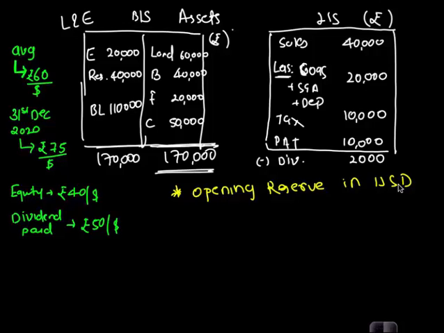And every year it was in the US parent's financial statement, going at an average rate. So we have to have this amount. Opening reserve in USD is USD 1000. Now with this information, you have to convert the financial statement using the current method.